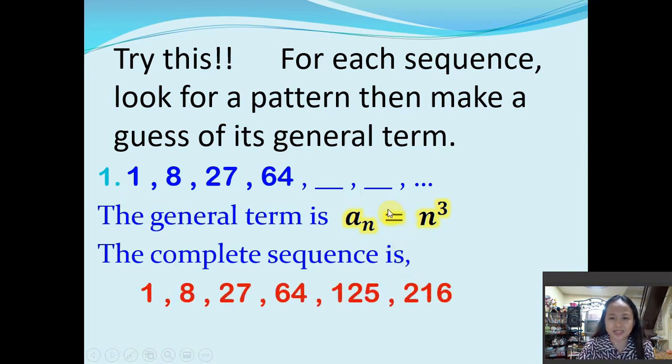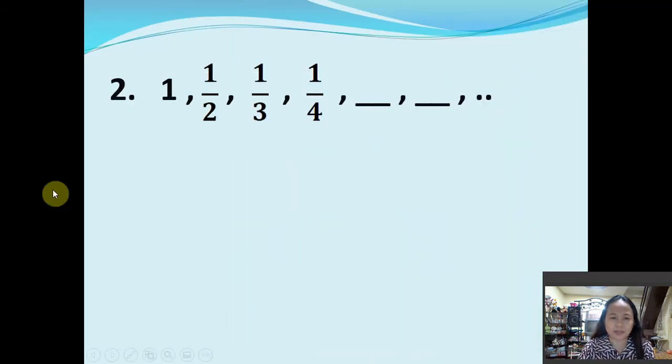So that is 6 to the power of 3. That's 216. So the complete sequence is 1, 8, 27, 64, 125, and 216. We simply raise each consecutive counting number to the power of 3 to get the terms of this particular sequence.